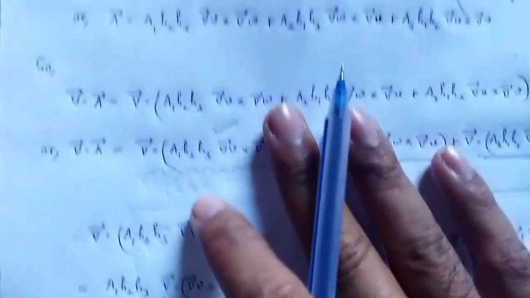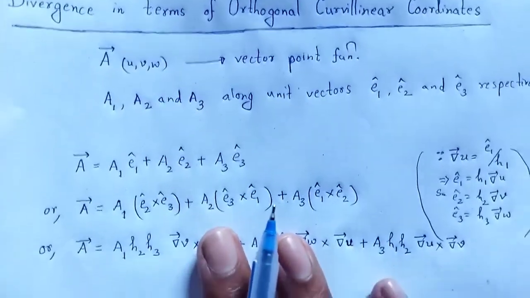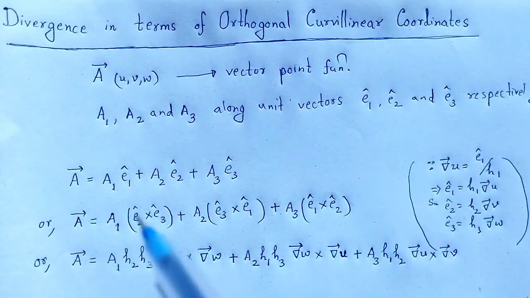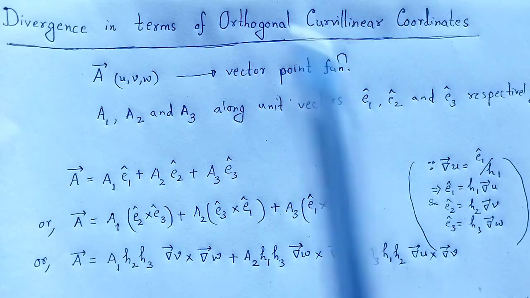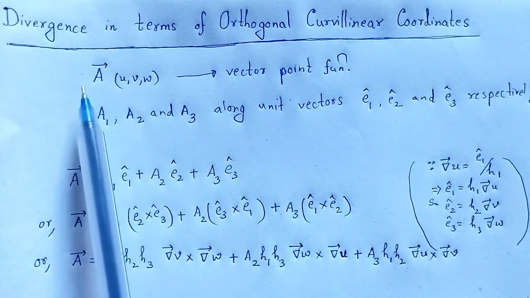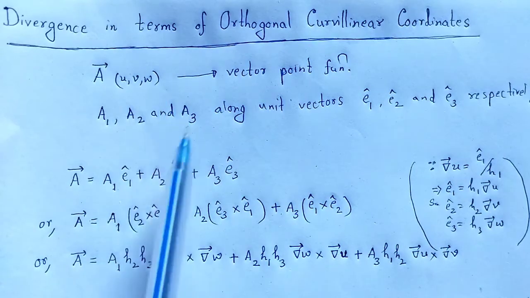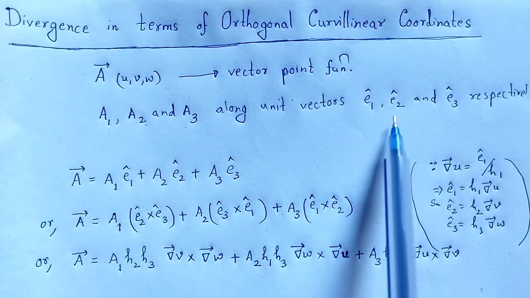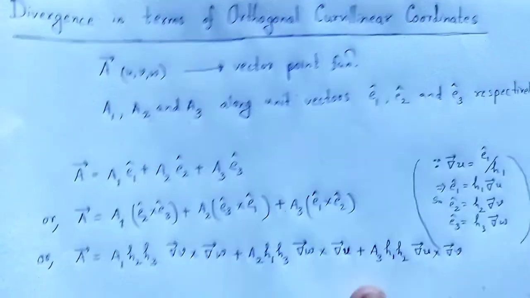So overall, in this video we discussed the divergence of a vector in terms of orthogonal curvilinear coordinates. In the previous case we discussed the gradient of a scalar. So we consider a vector point function. A vector is a function of u, v, w and its three components are A1, A2, A3, whose unit vectors are e1 cap, e2 cap and e3 cap respectively.